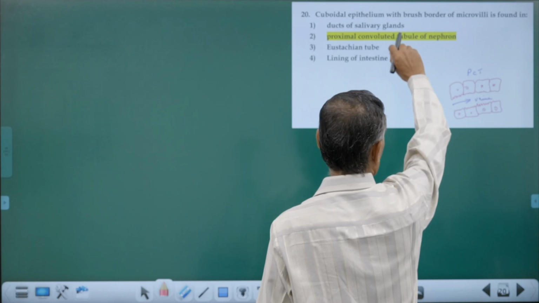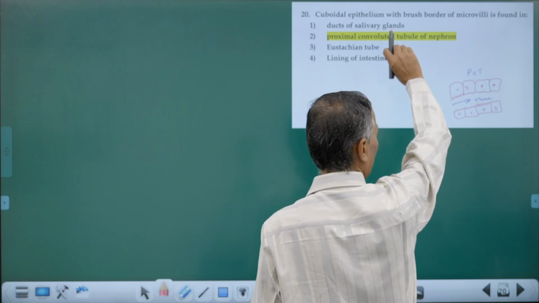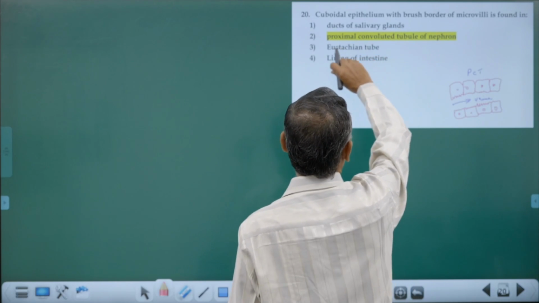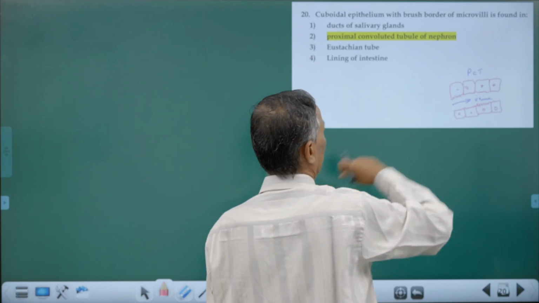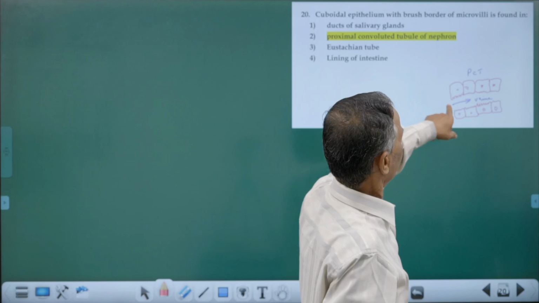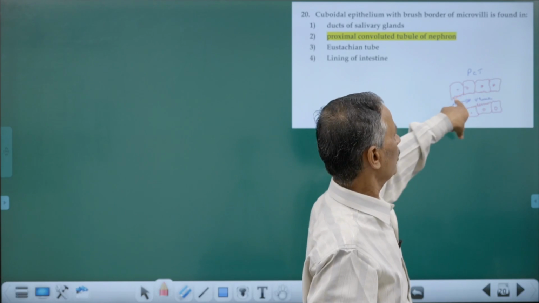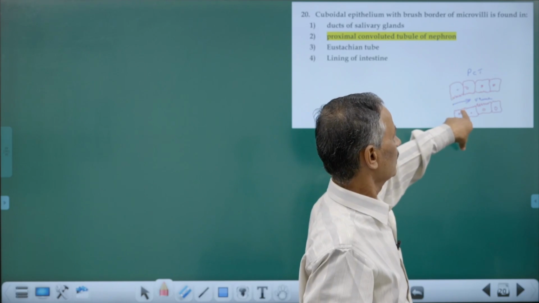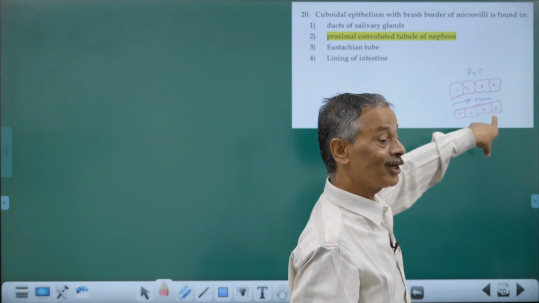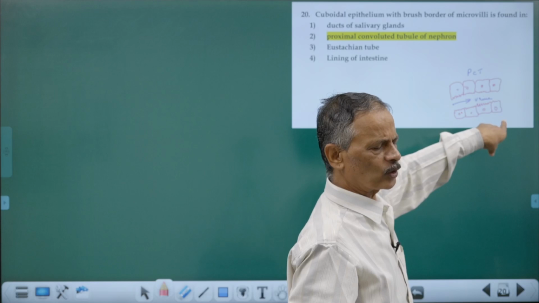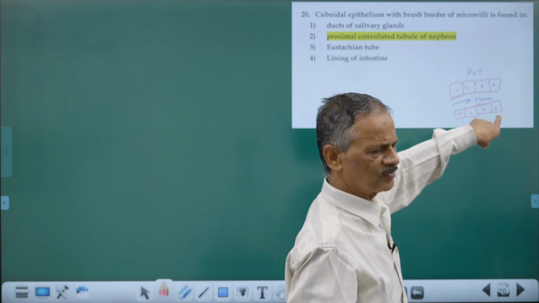Duct of salivary glands, no. They are made up of cuboidal epithelia and the proximal convoluted tubule. Correct. We have brush border epithelia. The free surface has microvilli, which will be abundant and will increase the surface area.